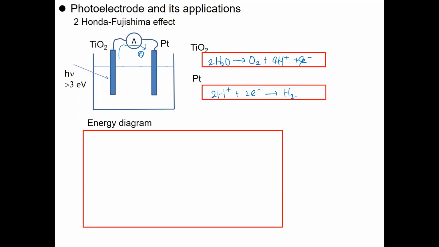So let's think about what happened in terms of the energy diagram in photocatalytic water splitting. All the connected metals or semiconductors under thermal equilibrium need to have the same Fermi level. That's the key part when you draw the energy diagram.